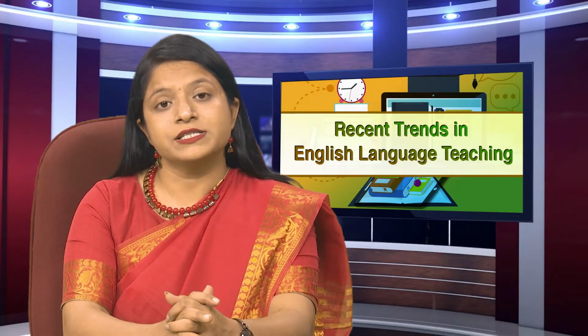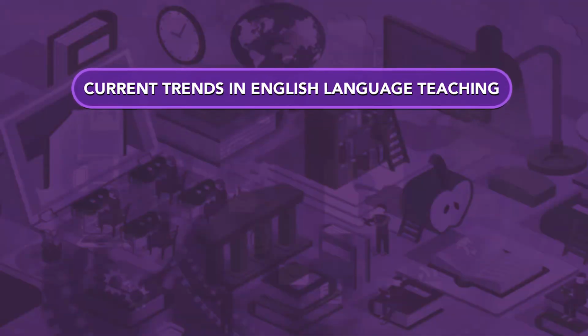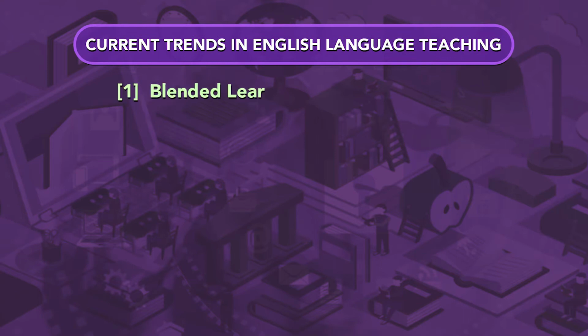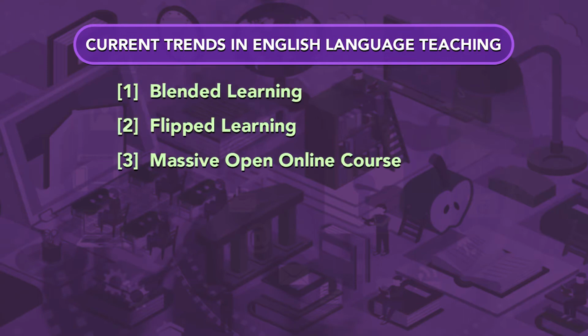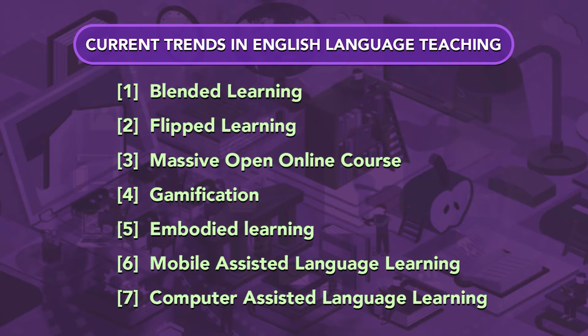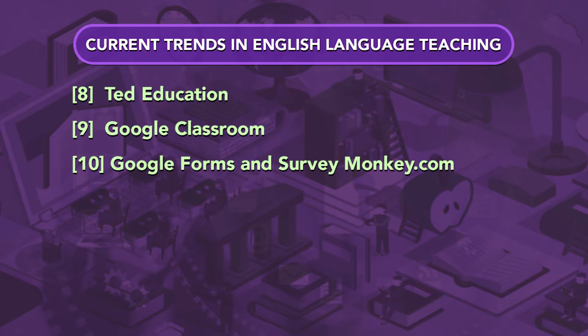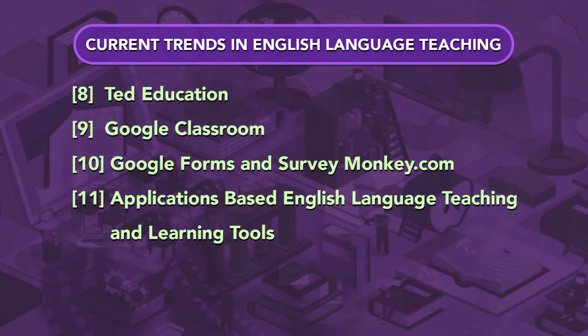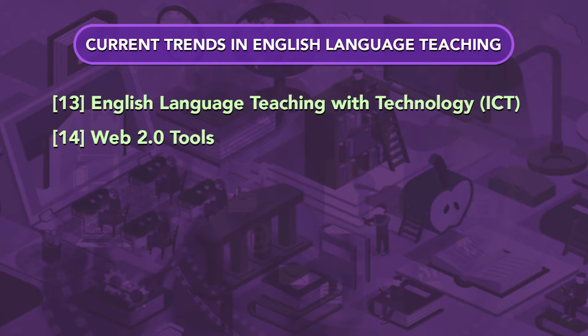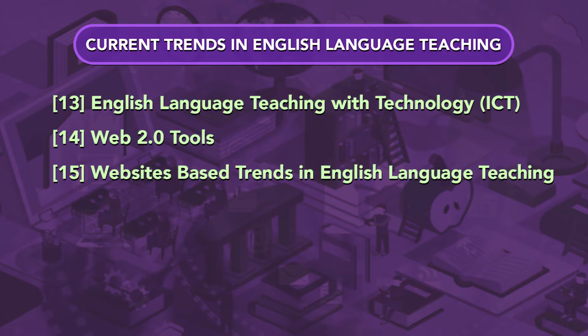Here in this module, the instructor has covered various teaching methodologies that have been considered as recent trends of ELT, like blended learning, flipped learning, MOOC, which is known as Massive Open Online Course, Gamification, Embodied Learning, MALL, that means Mobile Assisted Language Learning, CALL, that is Computer Assisted Language Learning, TED Education, Google Classroom, Google Forms and SurveyMonkey.com, applications based on English language teaching and learning tools, trends based on English language learning and sitcoms, English language teaching with technology, Web 2.0 tools, website-based trends and English language teaching.